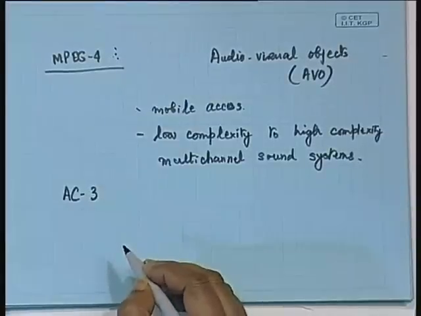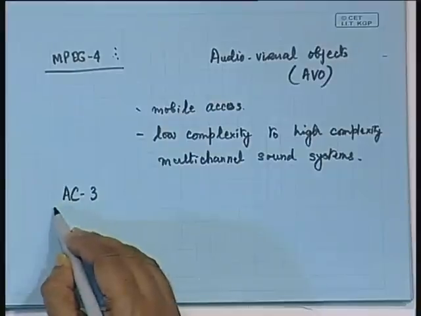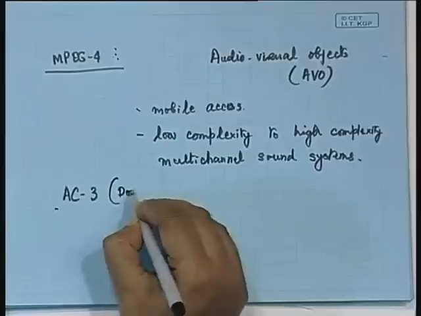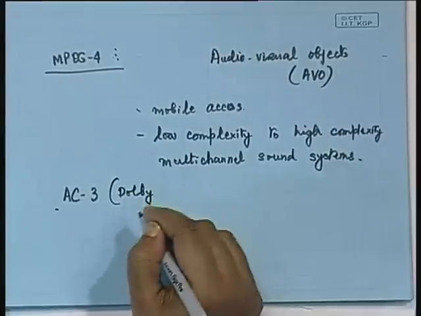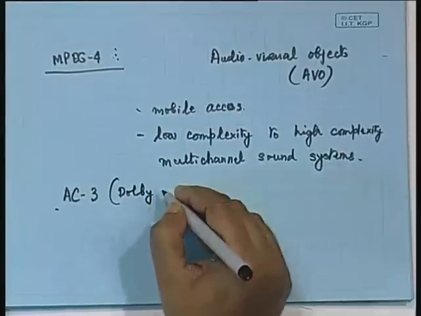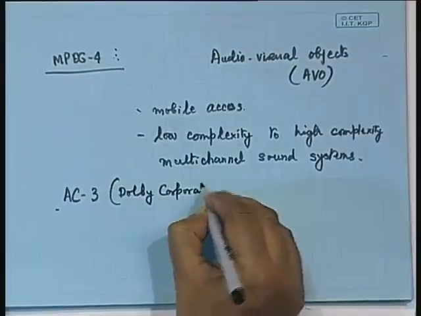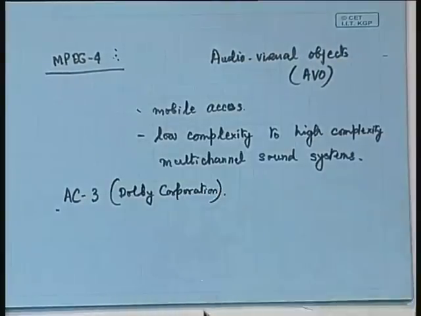standard which is known as the AC3, AC stands for audio coding, and it is called audio coding version 3. This was in fact announced by Dolby Corporation. You must have heard about Dolby Corporation because they are the international leaders in high fidelity audio systems.